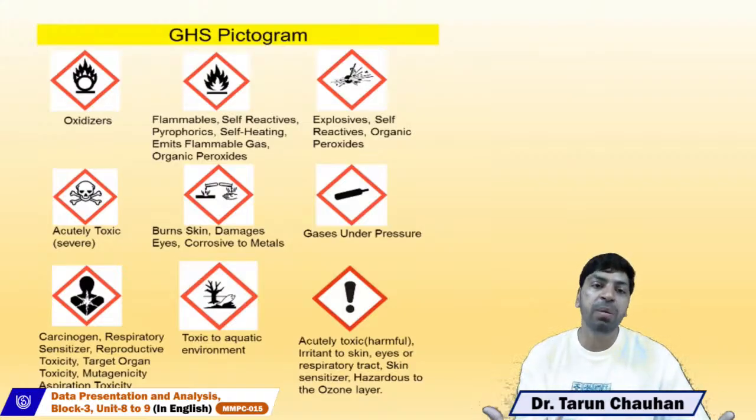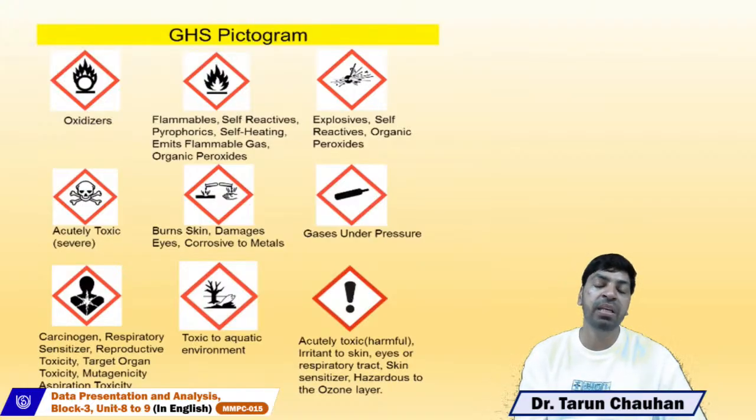If you give any social message, you can use images for that. So oxidizing, flammable, self-reactive images have been shown, explosive images, acute toxic images, burns skin and damages eyes.